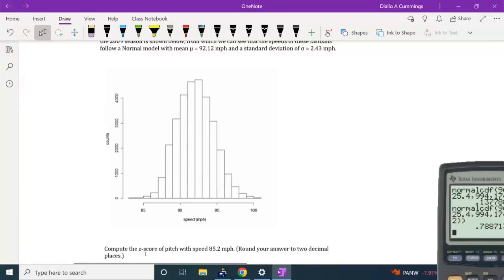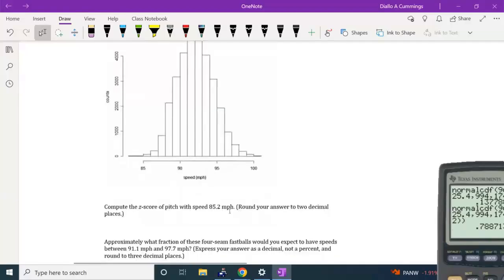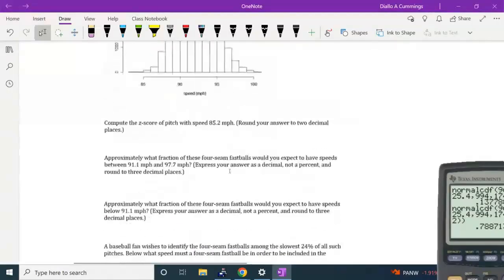It says compute the z-score of a pitch with speed of 85.2 miles per hour. So now this is not a sampling distribution. This is just a regular normal distribution, and we just want to answer the following problems. So just remember the formula for a z-score. The z-score is equal to x minus the mean, divided by the standard deviation.